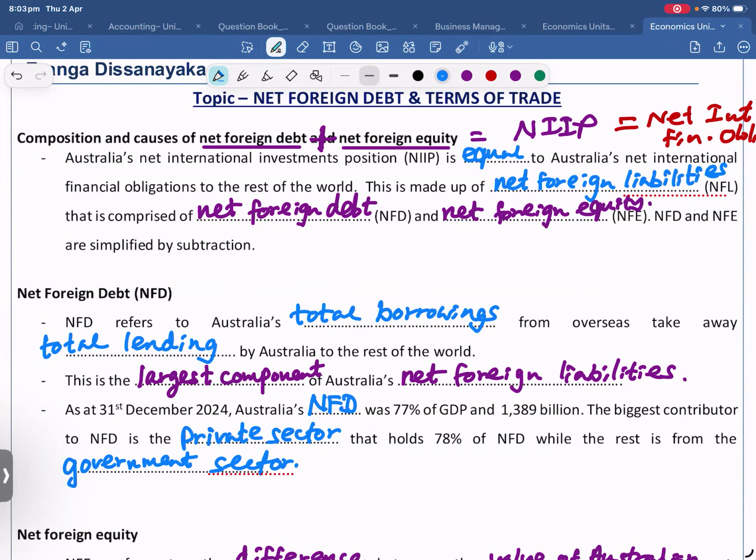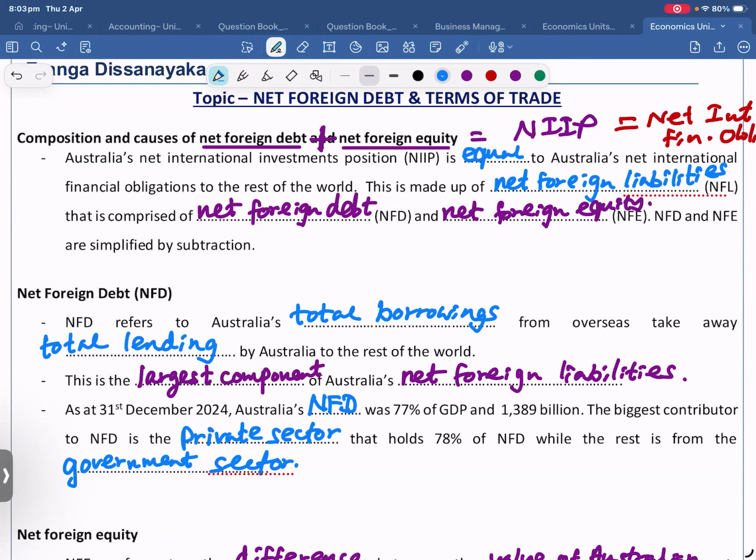This is net foreign debt that we have, meaning we have borrowed more money than we have lent. Up to 31st December 24, how much was it? 1.4 trillion almost. So our NFD is 1.4 trillion. Big amount.